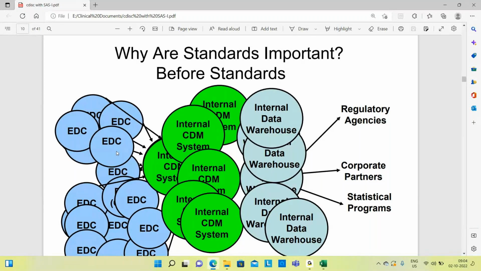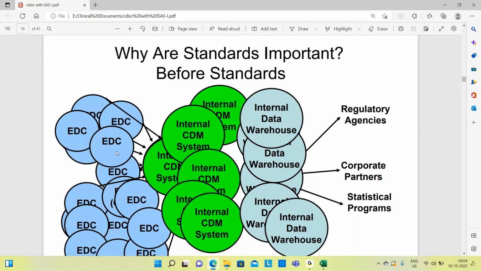CDM stands for clinical data management, and the data warehouse.